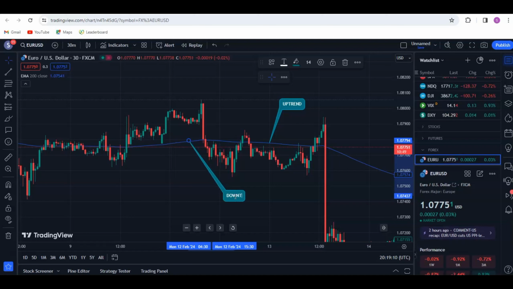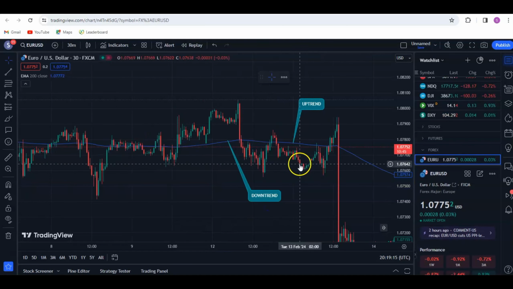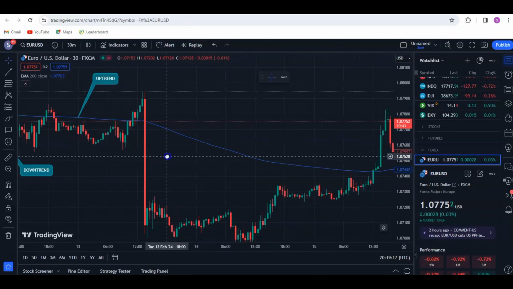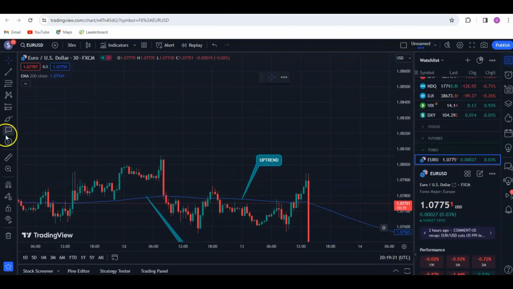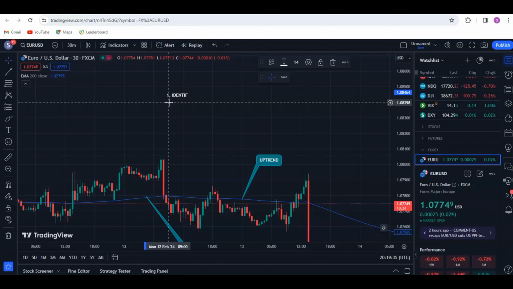I need us to pay attention to this, because these are the tips for you to win 90% of all the trades you are placing. One of the rules, let me just write this down: the first thing we are doing right now is identifying the trend. First thing you have to do is identify.